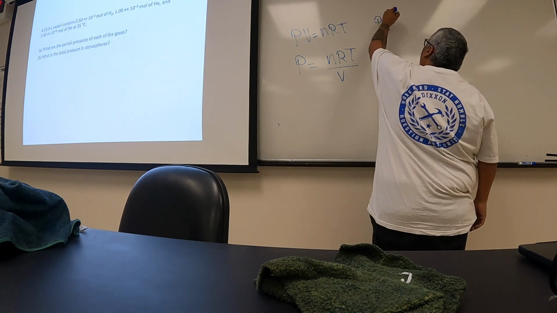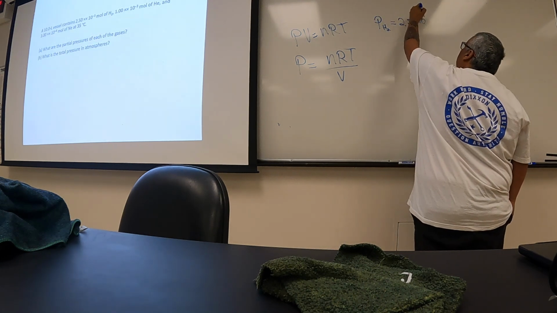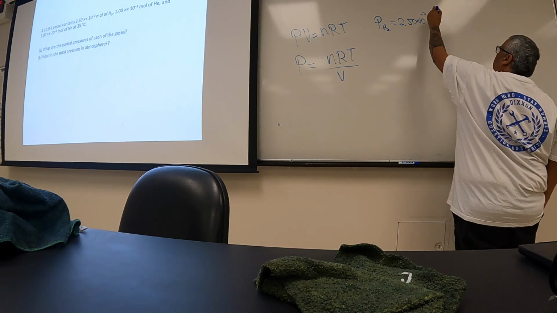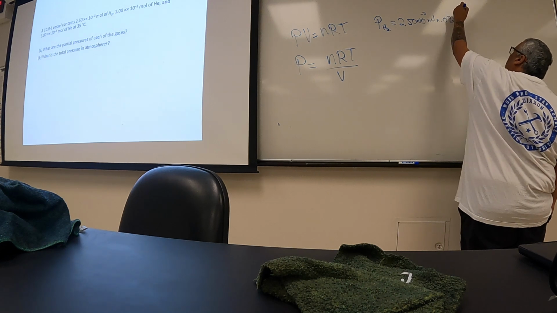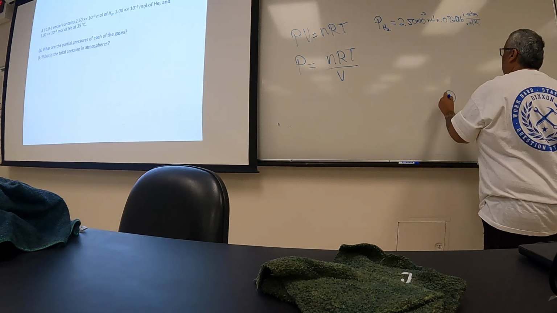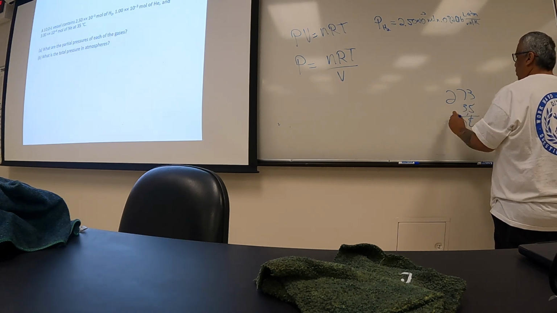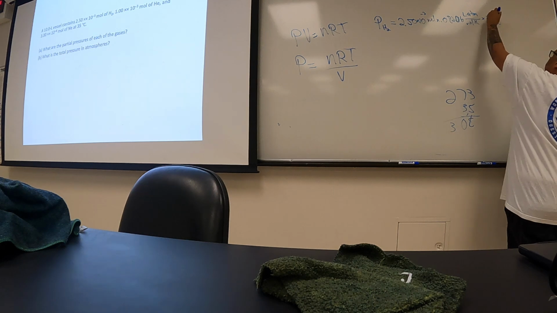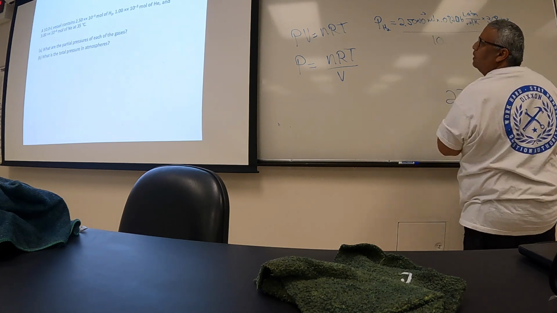So the pressure of hydrogen is equal to the number of moles of hydrogen, which happens to be 2.50 times 10 to the minus 3 moles, times our gas constant, 0.08206 liter atmospheres per mole Kelvin, times a temperature at 35 degrees, 308.15 Kelvin, over, is that 10 milliliters or liters?